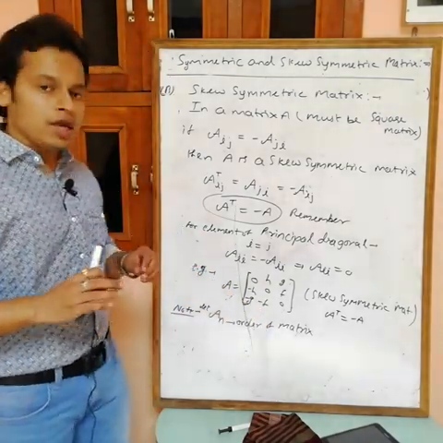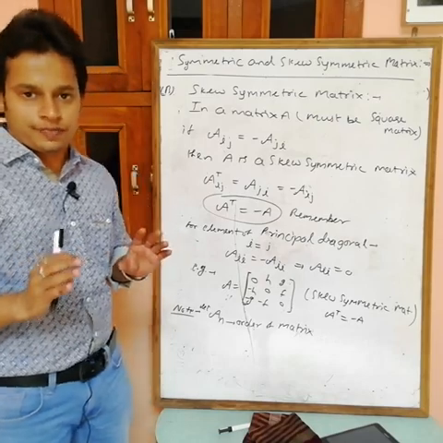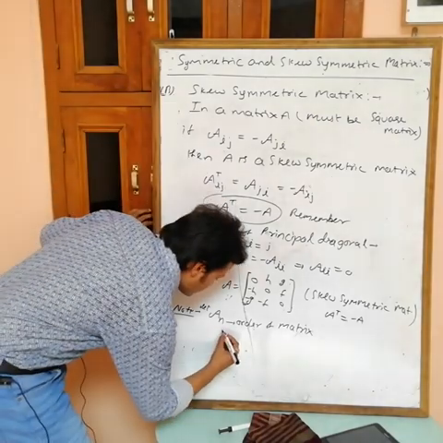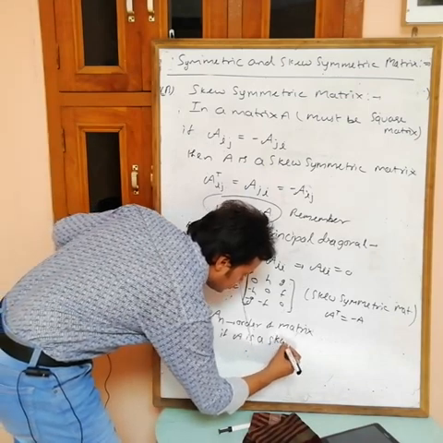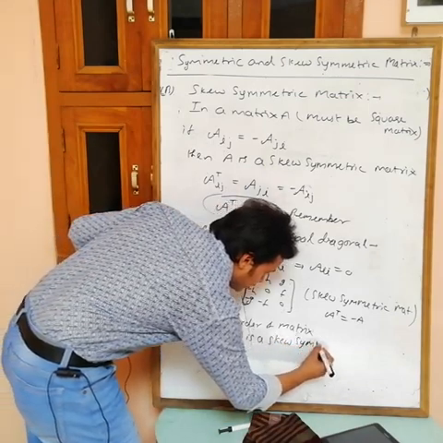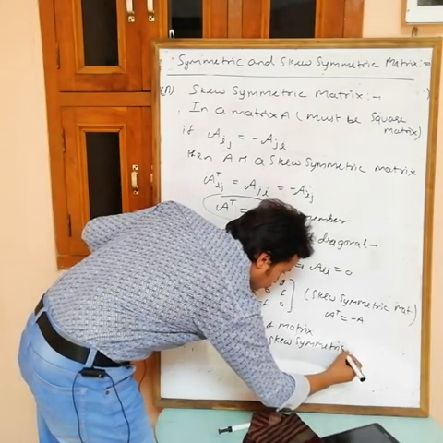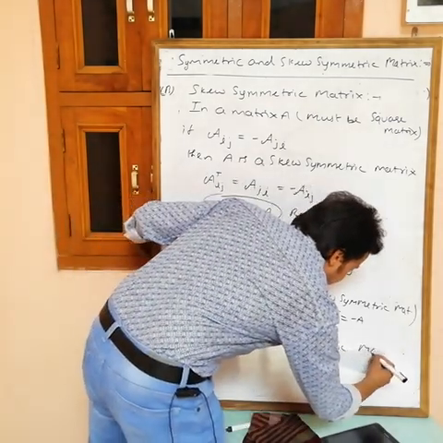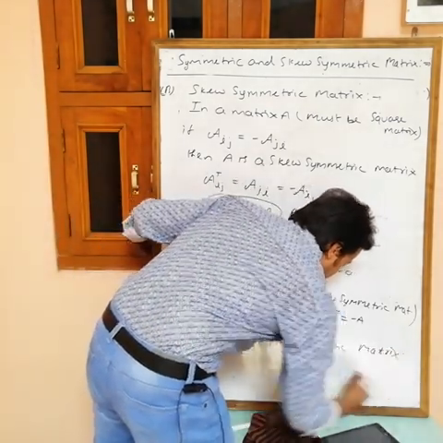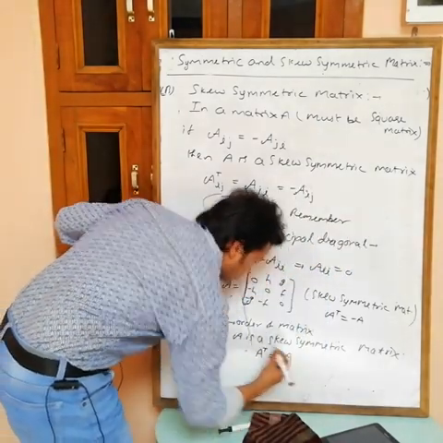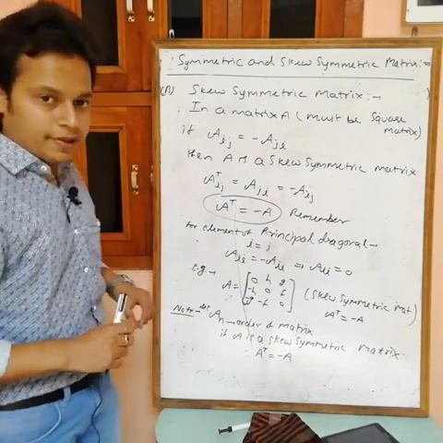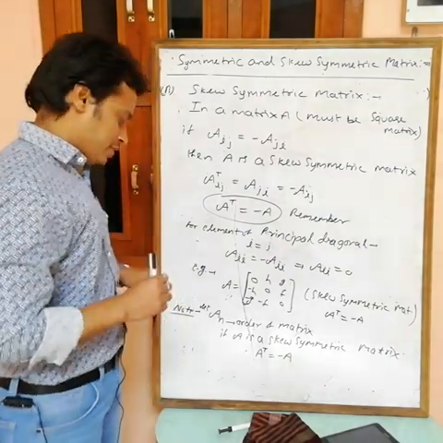Now suppose A is a skew symmetric matrix. Then we have that A transpose is equal to minus A.